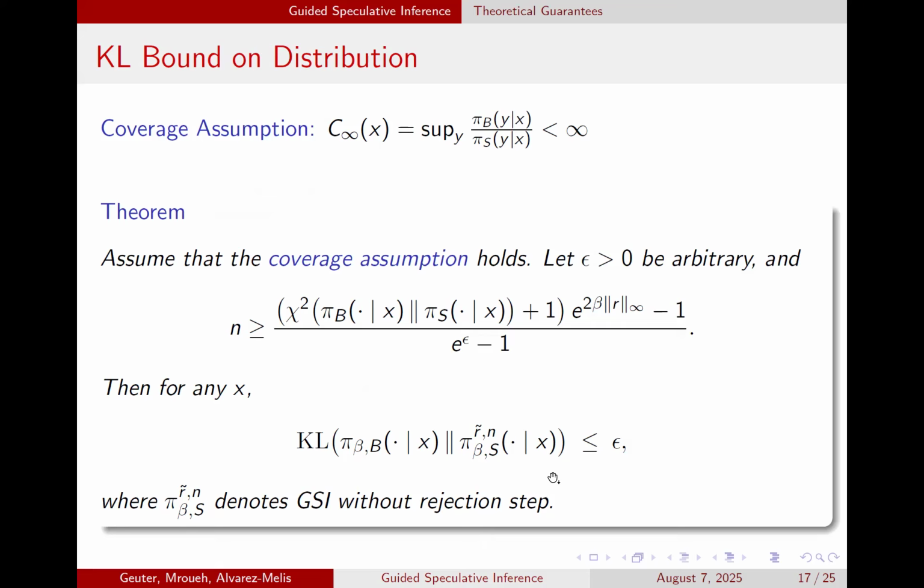But this shows that even without the rejection step, the distribution that we get from our algorithm, so sampling from the small model, computing these tilted rewards with the log probabilities in them, and then sampling based on these rewards, gets arbitrarily close to this tilted distribution if we make n large enough. So this is a guarantee on the distributional level. It tells us that the distribution that we sample from is close to the distribution that we actually want in the end, this tilted distribution.